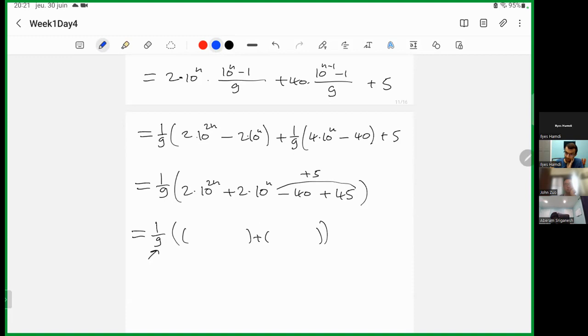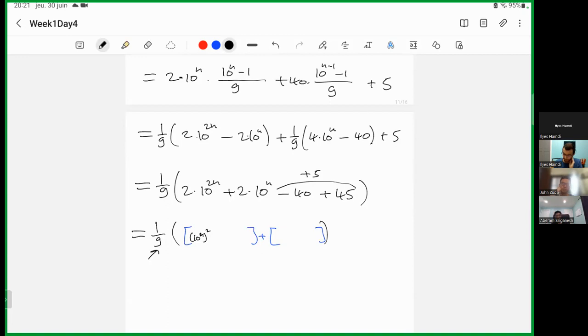How would you do this, guys? I'm thinking that I should use the fact that this is 10 to the n squared. Right? 10 to the 2n is 10 to the n squared, of course.